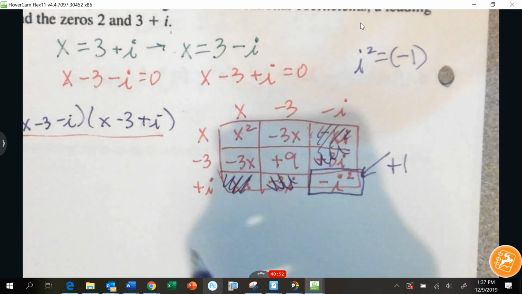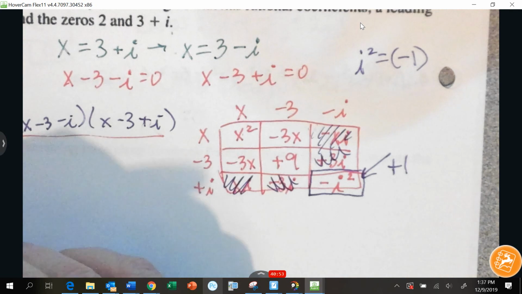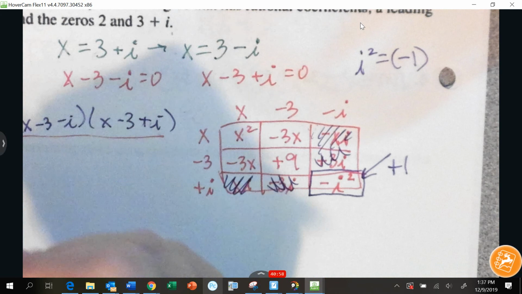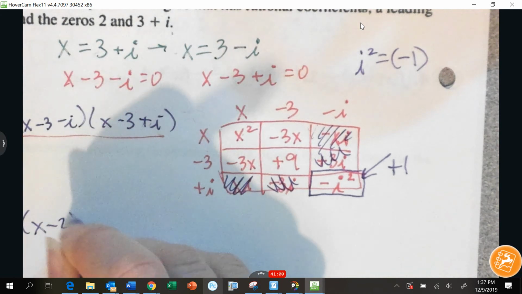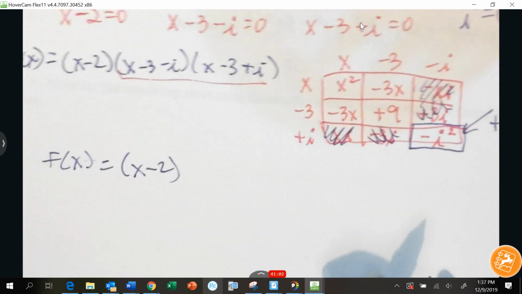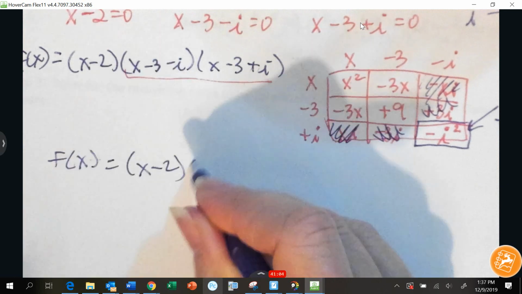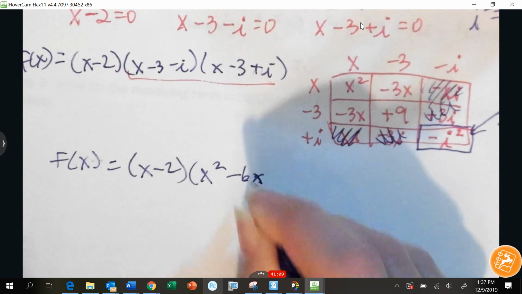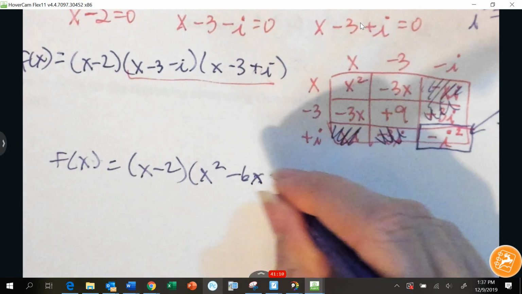So we have left over x squared minus 6x, and then 9 plus 1 is 10.